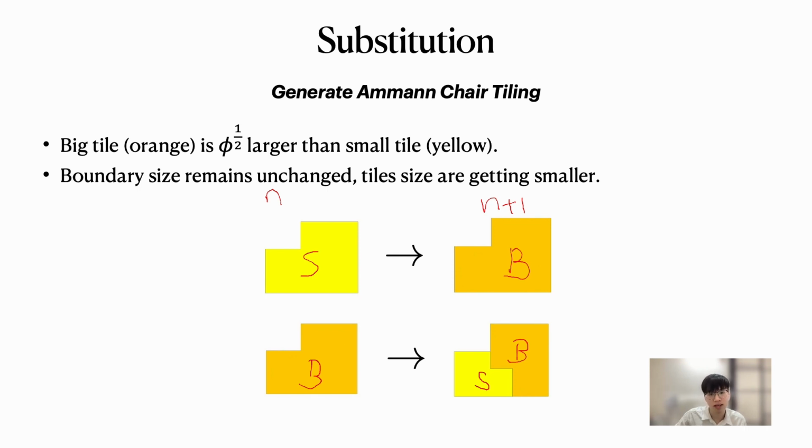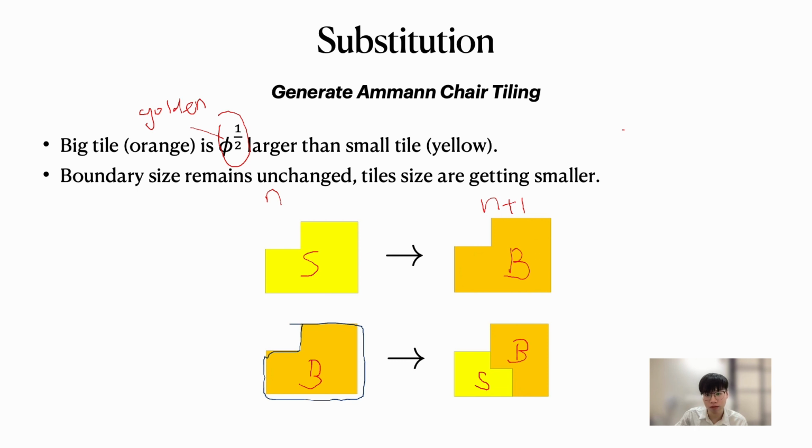Something to remark is that the big tile is larger than the small tile by a factor of 5 to the power of 1/2, and the 5 here is related to the golden ratio. Another thing is that the boundary shape remains unchanged, considering the boundary of the big tile.